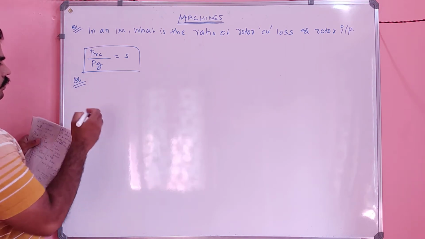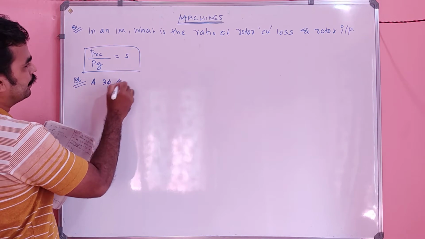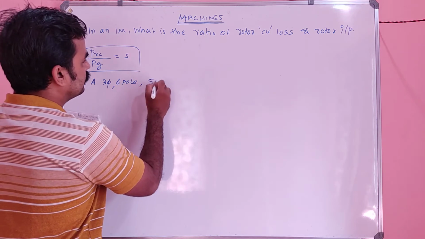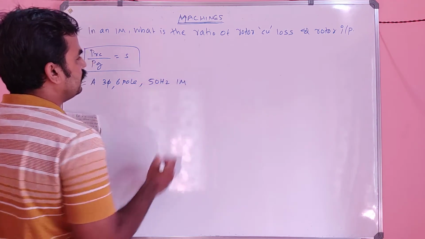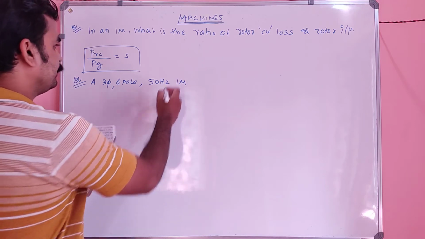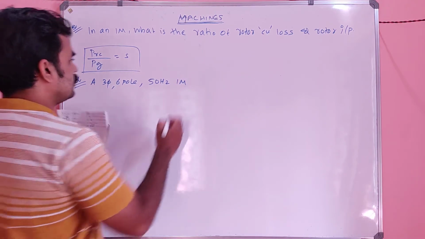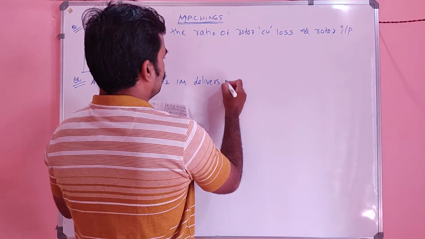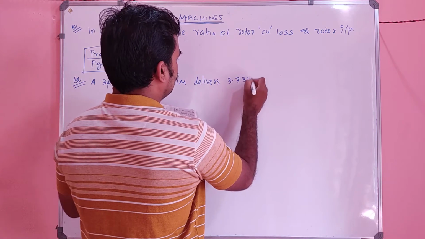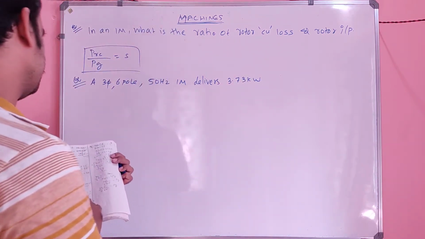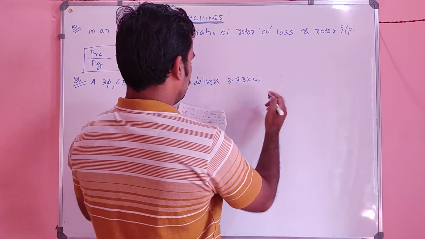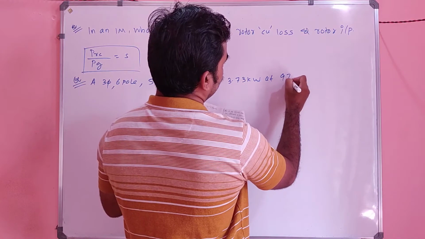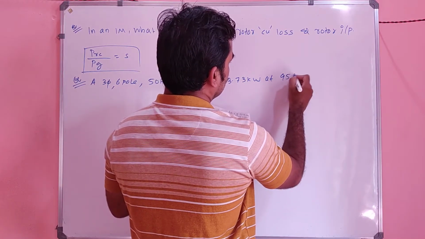A 3-phase 6-pole 50 hertz induction motor delivers 3.73 kilowatt at 950 rpm.